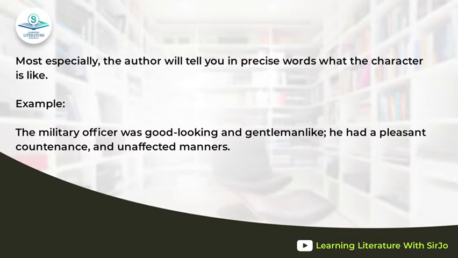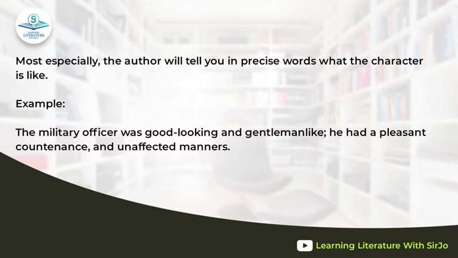He is good looking, he is a gentleman, he has a pleasant countenance and unaffected manners. So this is what we term the direct method, or explicit method, or the telling method. The writer gives us in words directly what the character is.